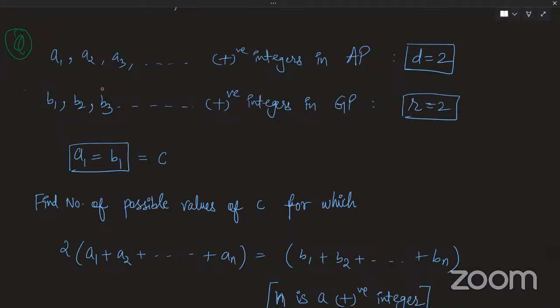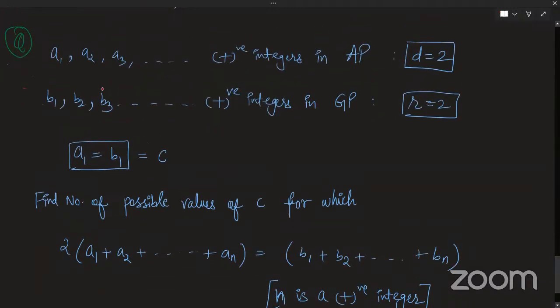The first terms of both AP and GP are the same, and I am assuming them to be a number C. C should also be a positive integer because A1, A2, A3 and B1, B2, B3 are all positive integers. So A1 is equal to B1 is equal to C.